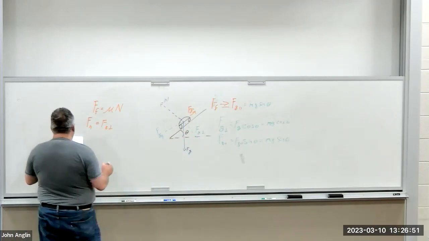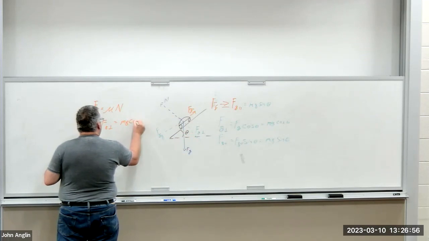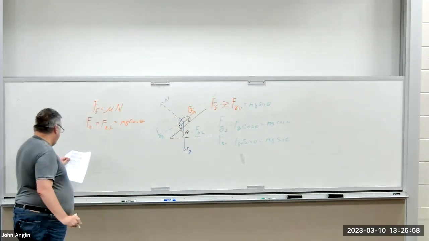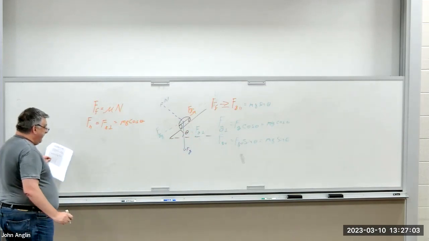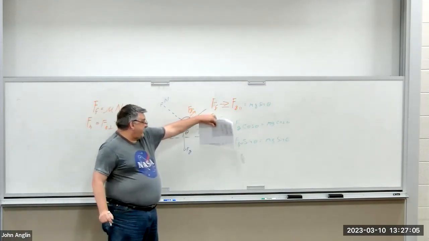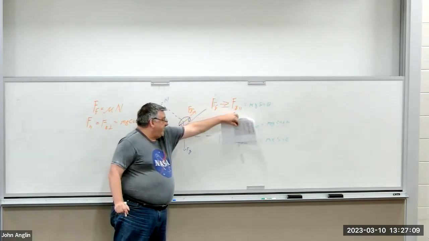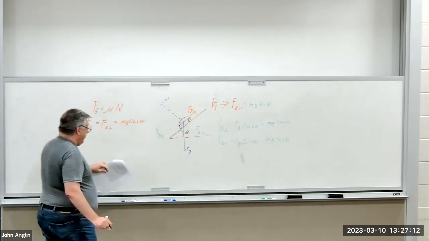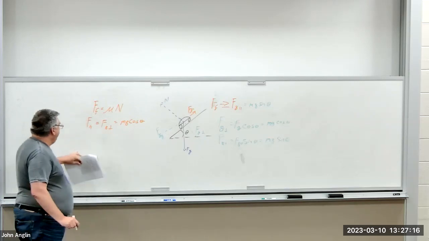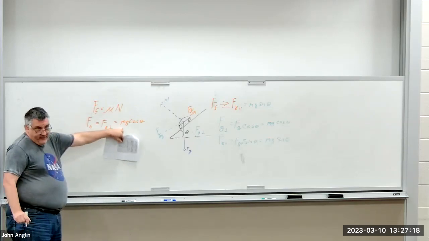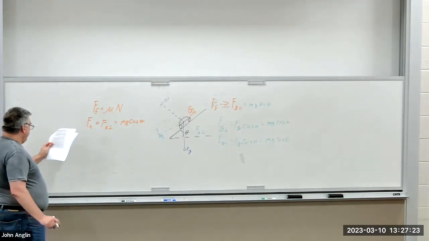And we know FG perpendicular is just mg cos theta from our previous trig. Well, since we know this has to be true, that the force due to friction has got to be greater than or equal to that parallel force, and that parallel force is mg sine theta, we found out that our normal force then is mg cosine theta.